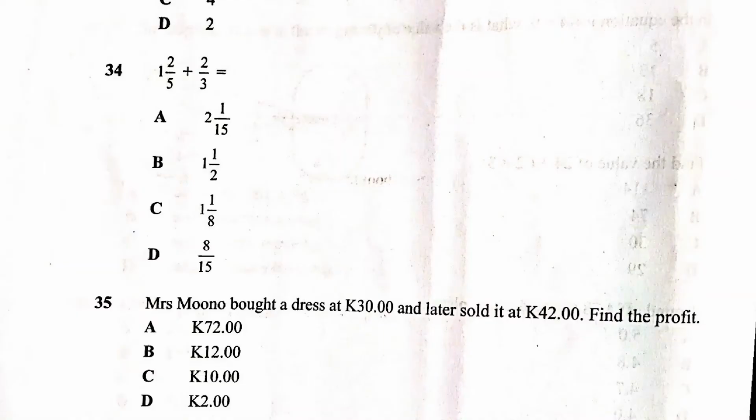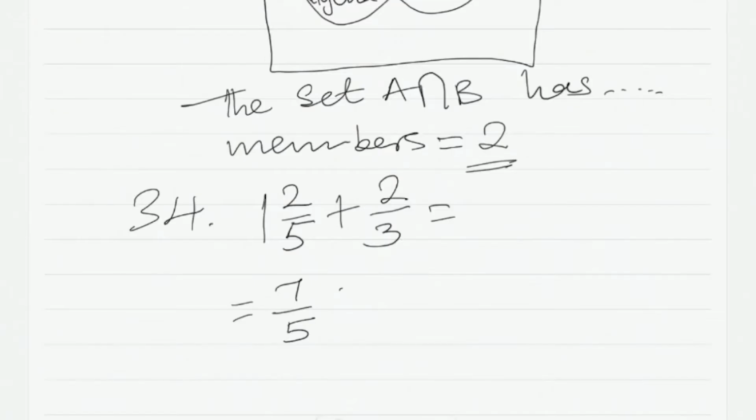Question number 34 says 1 and 2 over 5 plus 2 over 3. So just like what we did with the other one, we have to change the mixed number into an improper fraction. We multiply 5 times 1, that is 5 plus 2, it gives us 7 over 5, added to 2 over 3.